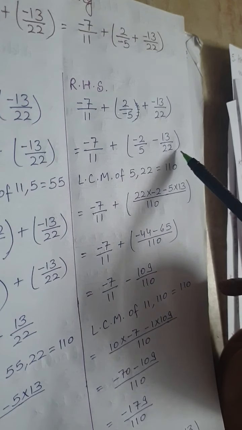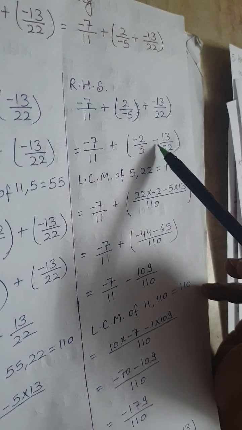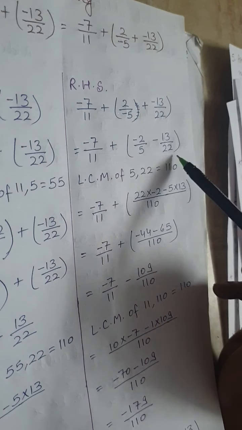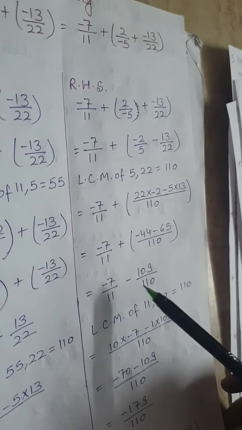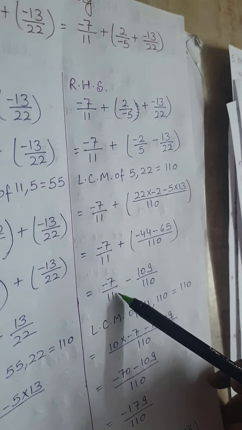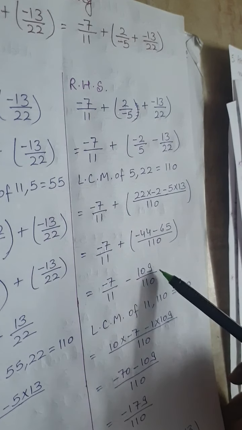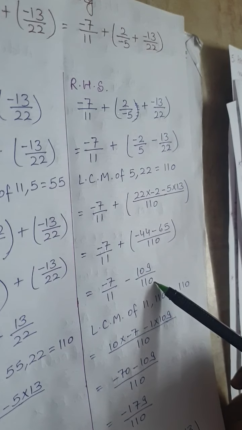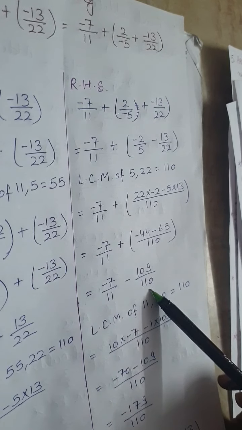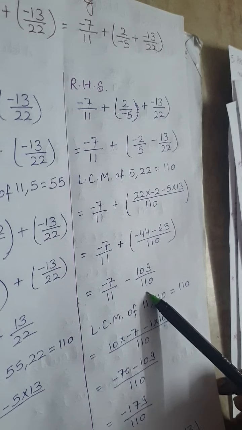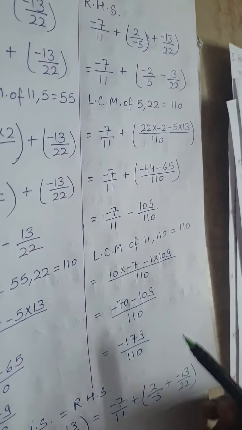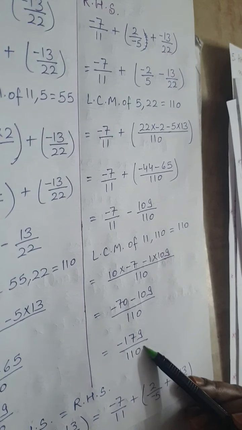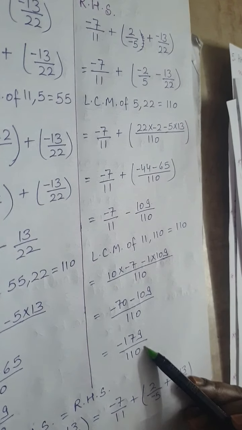First solve the bracket. There is a negative sign. Take the LCM of 5 and 22. Solve by taking LCM and at last what we get, -7/11 minus 109/110. Again we have to take LCM of 11 and 110 and in the same way we can find that the RHS gives -179/110.